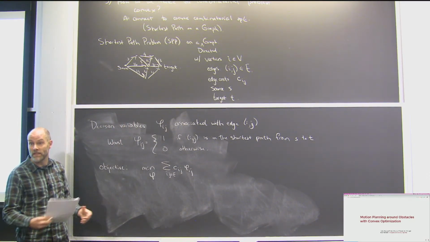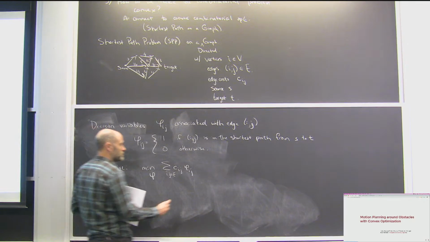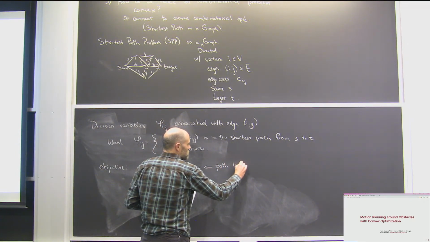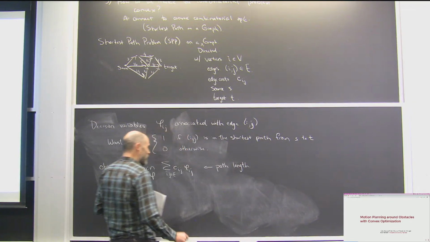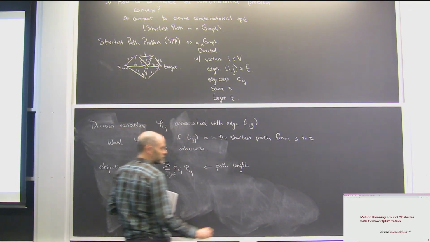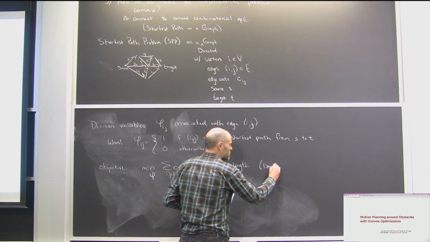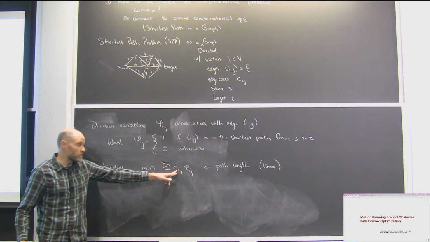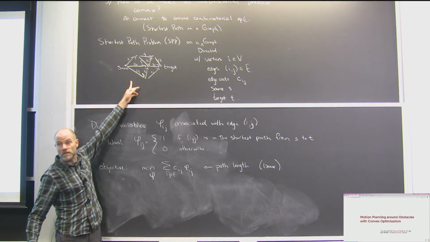So that is the path length. And it's linear in the decision variables, right? It's a linear objective, because those C_ij are constants. Those are just given to me as the problem specification.